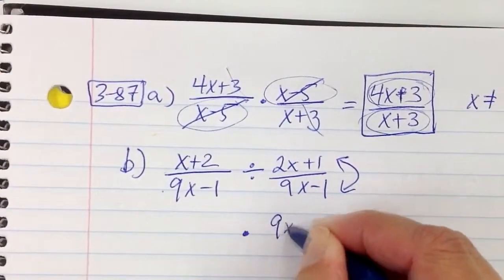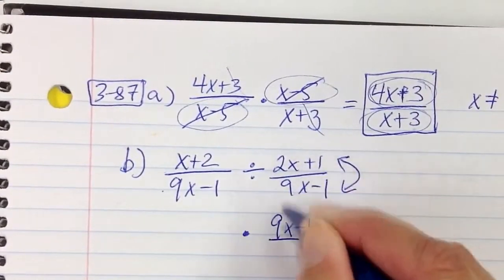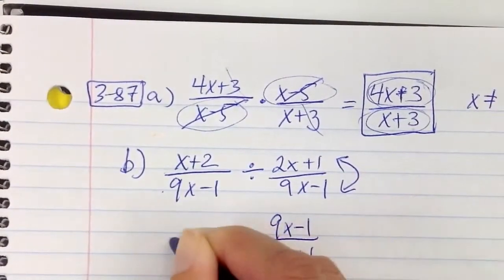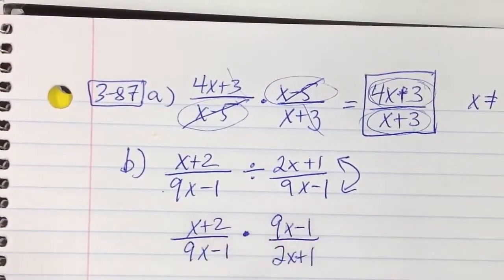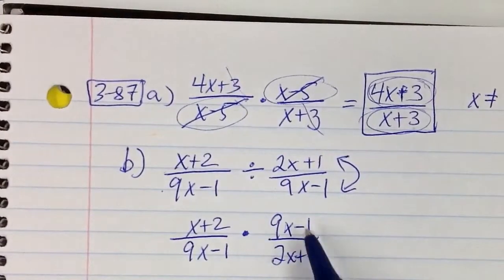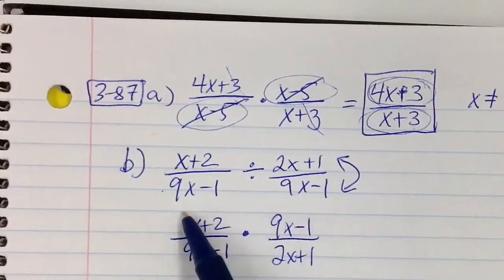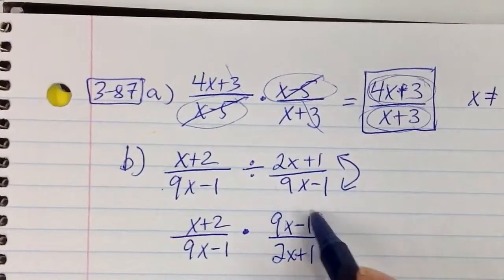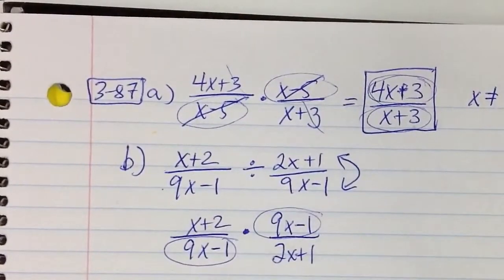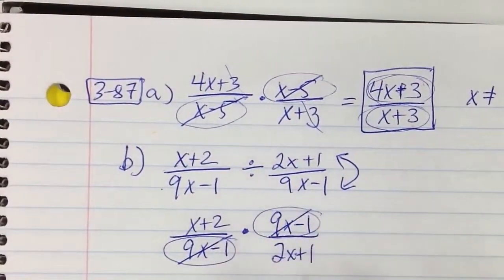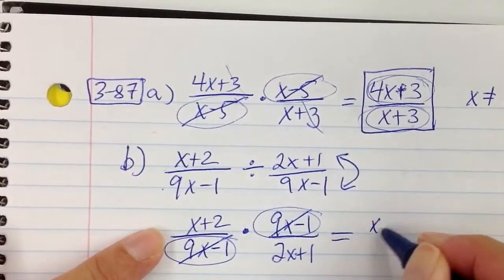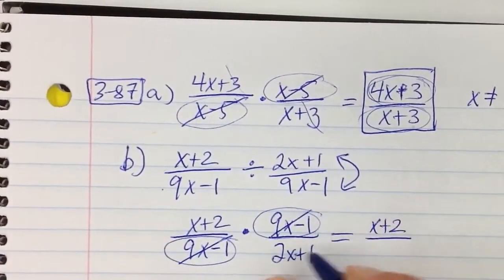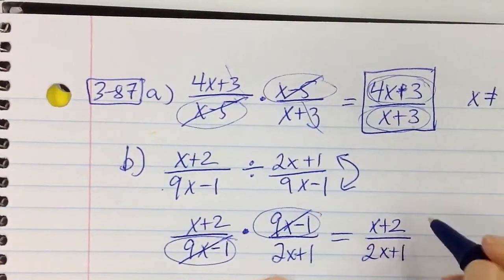So right away, flip that over to 9x minus 1 over 2x plus 1 times x plus 2 over 9x minus 1. Now check your factors. Is there anything we could cross-reduce? This 9x minus 1, that 9x minus 1 are the same. So reduce, reduce, equals, then we just multiply straight across. x plus 2 over 2x plus 1.